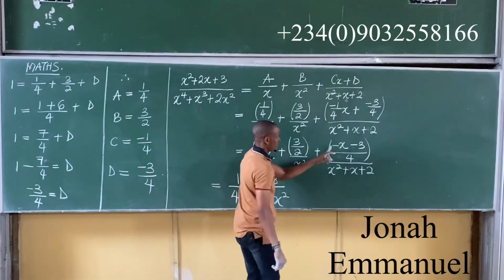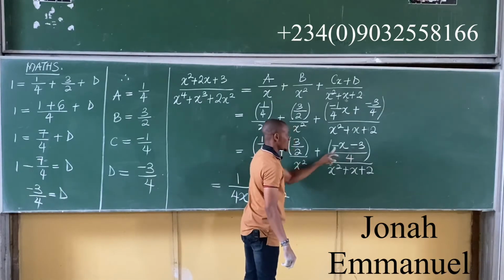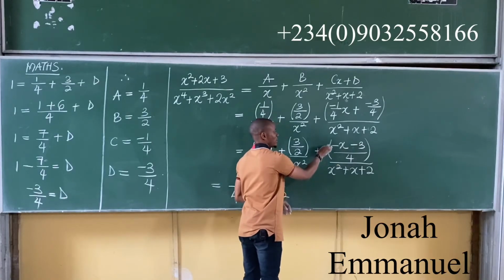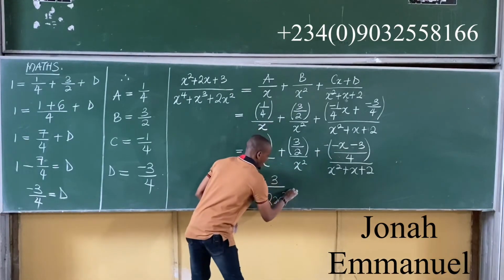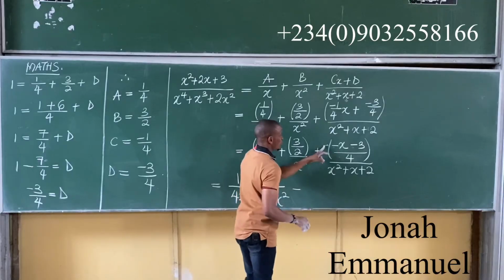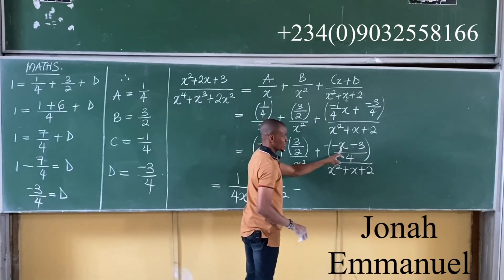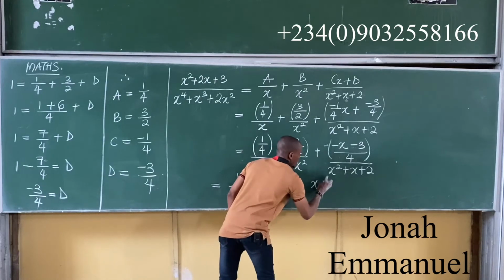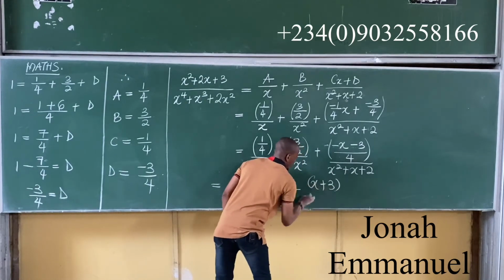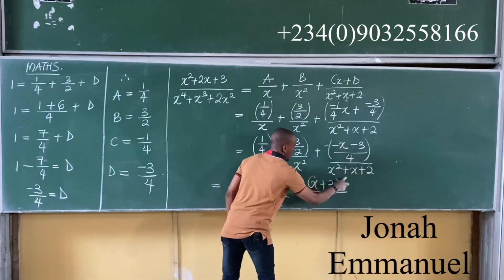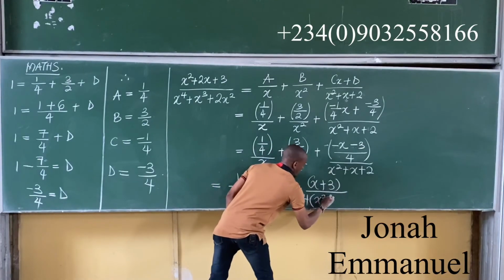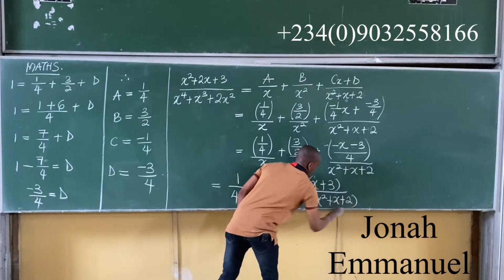So minus will come outside here, becomes plus minus. If minus comes out here, it becomes positive and positive. So it becomes plus 3x plus 3, this one here, all over, this one multiplies this, 4 into x squared plus x plus 2.